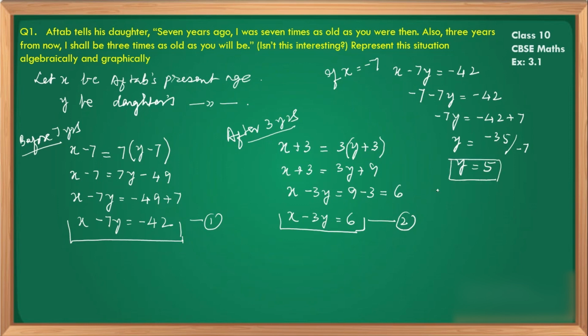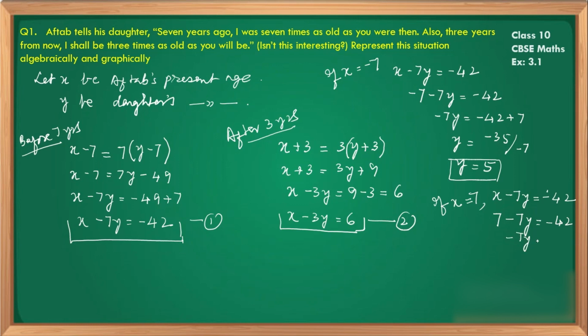And we take another coordinate, that is if x is equal to, say, plus 7. Then what happens to the equation? x minus 7y equals minus 42. In place of x, you put plus 7, minus 7y equals minus 42.